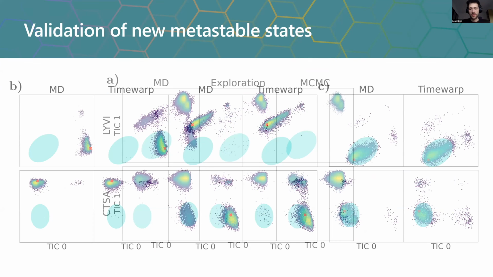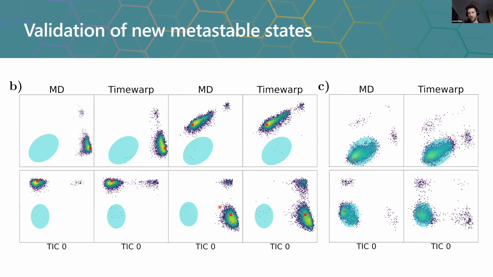What we do then, and this could be done in different ways, that's just the way we picked, is compute these conditional distribution plots again. We start from a metastable state discovered by the long MD trajectory, and different ones, actually.